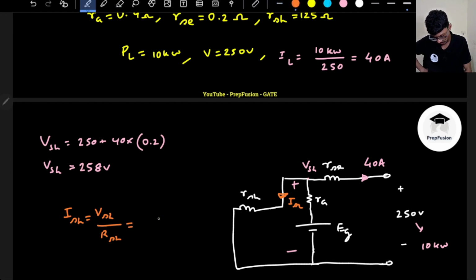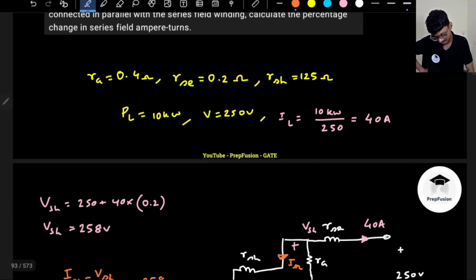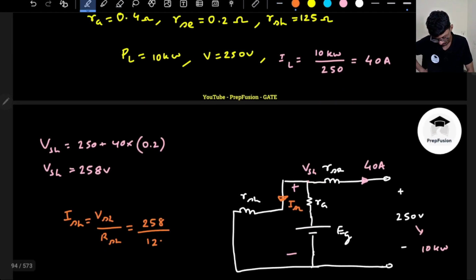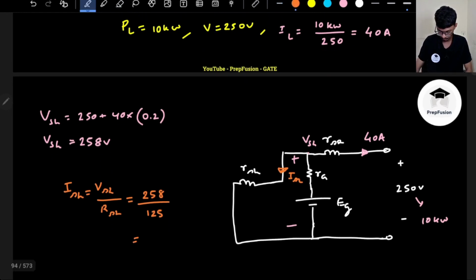So it will be 258 divided by the shunt resistance. Shunt resistance is given as 125. So this will be 258 divided by 125, which is 2.064. So 2.064 amperes of current will be coming here.